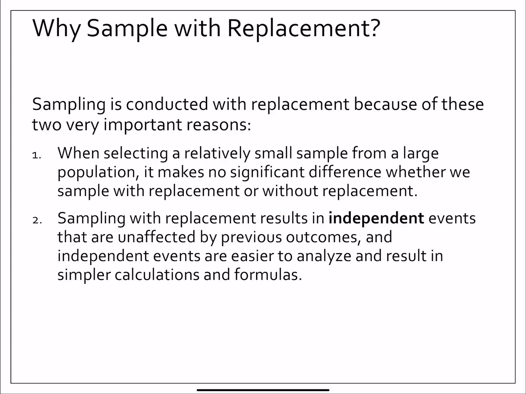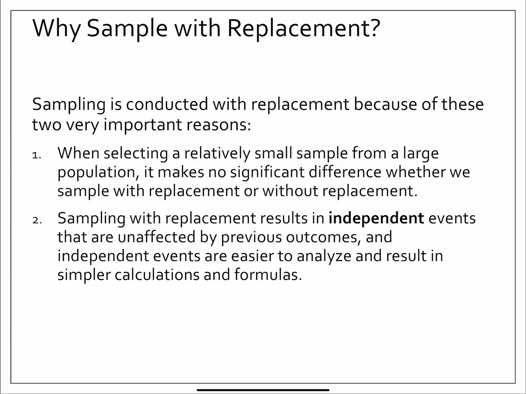And the second thing is like what we talked about with the cards. We want to sample with replacement because then our events will be independent, right? Each time we take our sample, it will be independent. Remember we talked about it when we said if we do a prize for whoever picks the ace, right?